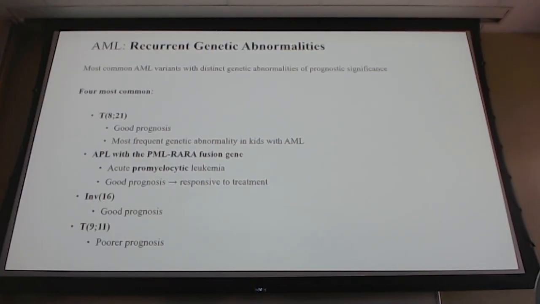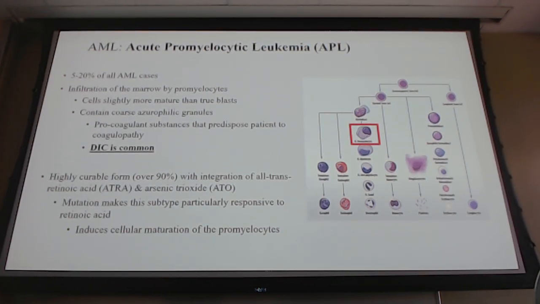Recurrent genetic abnormalities. What I want you to get out of this is APL with MLR. We're going to talk more about that. The acute promyelocytic leukemia, granulocytic leukemia. So 5 to 20% of all cases. This is by promyelocytes, so cells slightly more mature than true blasts.